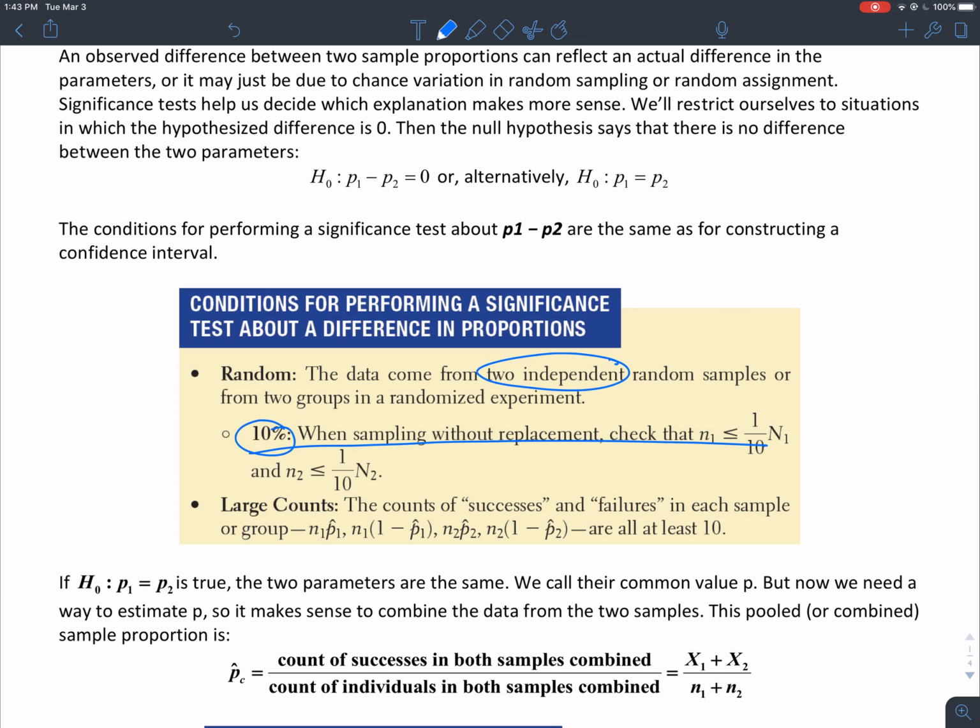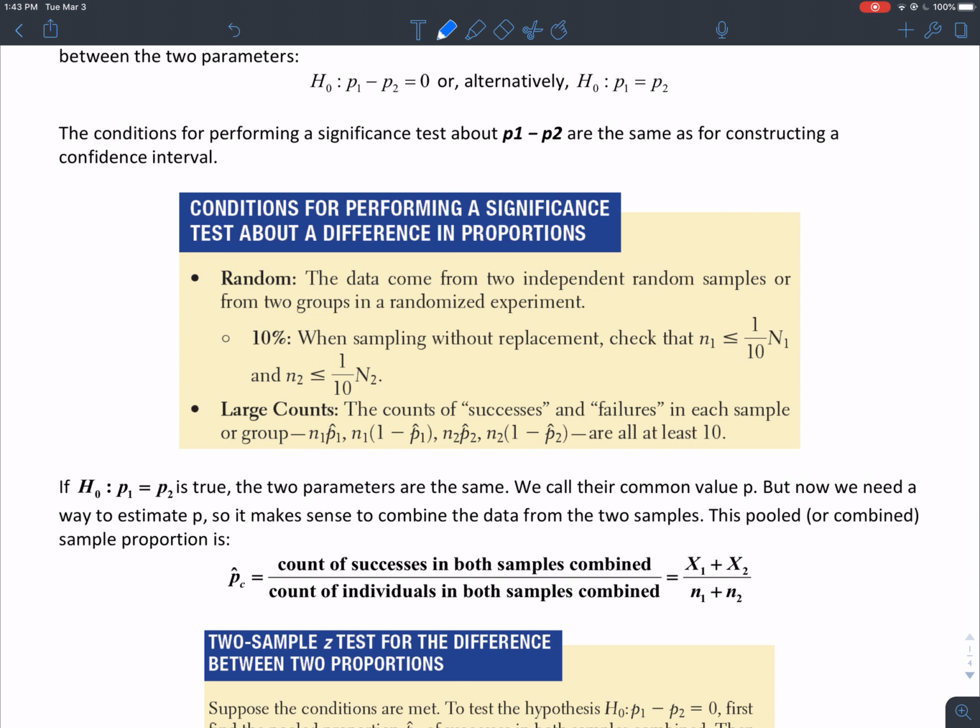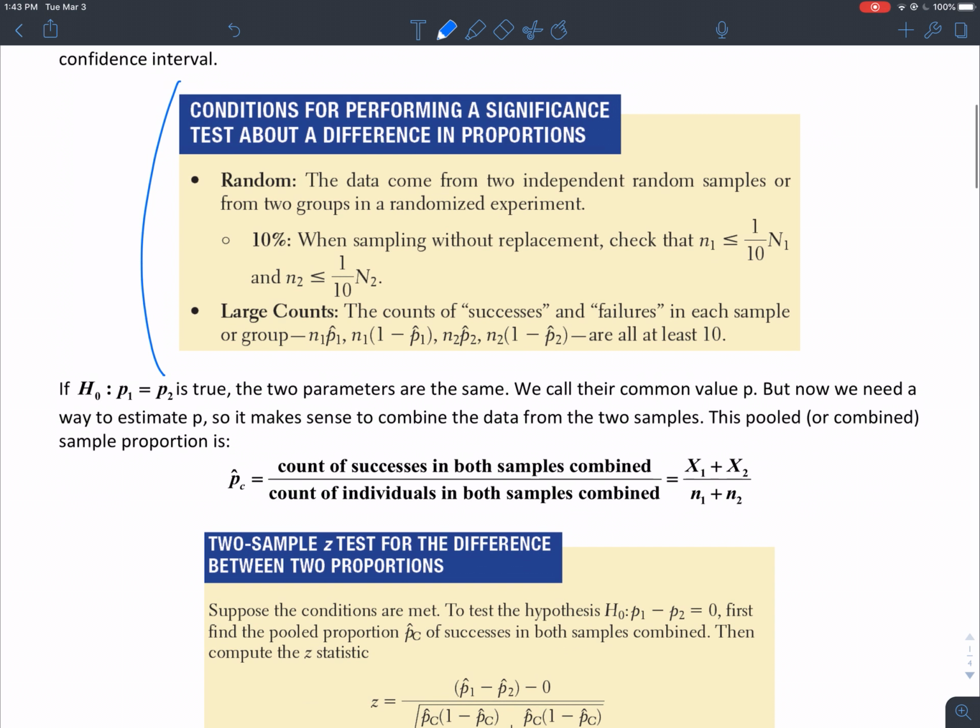So I don't have a P sub 0 value to use here, so we just use P hat. Just remember that. That's a little different from a hypothesis test for a single proportion, where we use P sub 0. Those are the conditions you have to check.